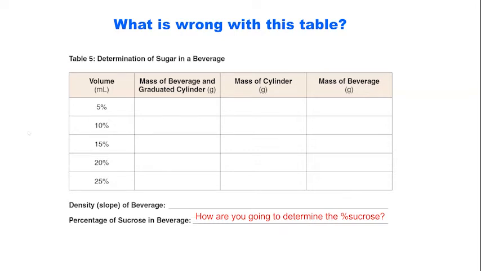Is it the beverage? What about the beverage? Should it be milliliters? Nope. Well, the problem is in the volume column. Oh, volume should be mil. Centimeters cubed?